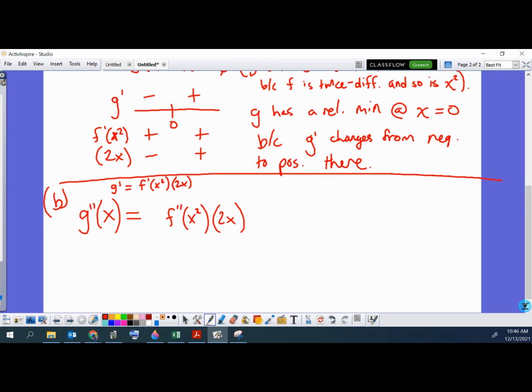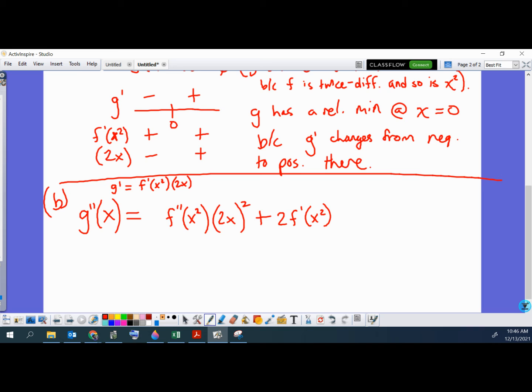But then that's u prime. I still have to multiply by the v, which is another 2x. So that gets squared, plus f prime of x squared times 2. So I'm just going to put the 2 out front. f prime of x squared. All right. And yeah, that's it.